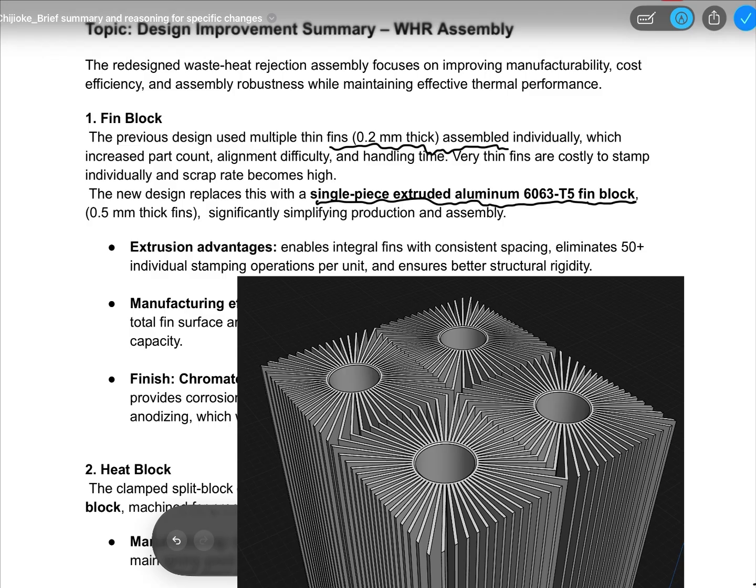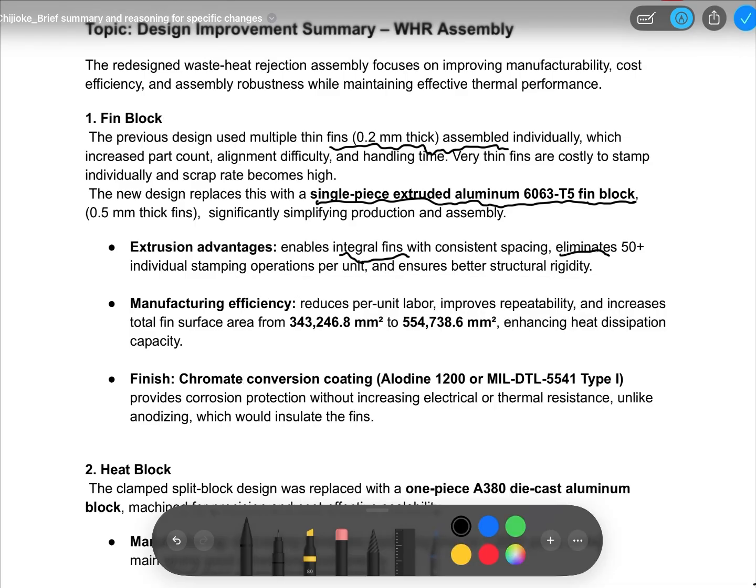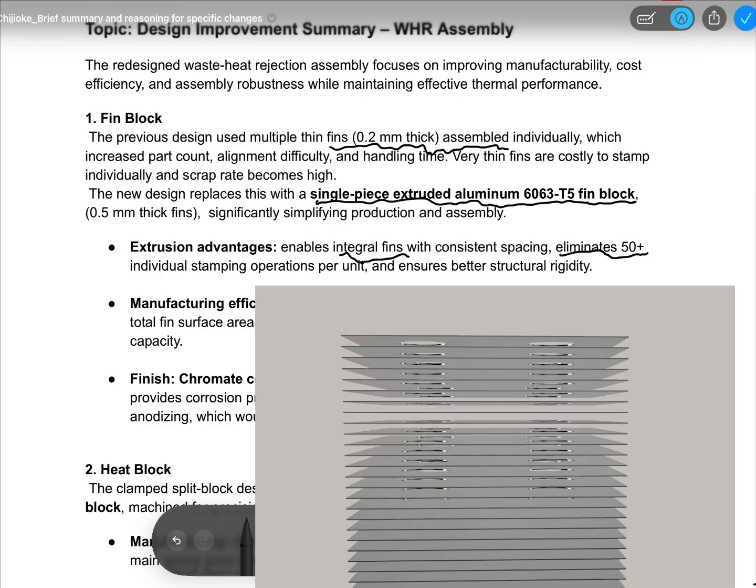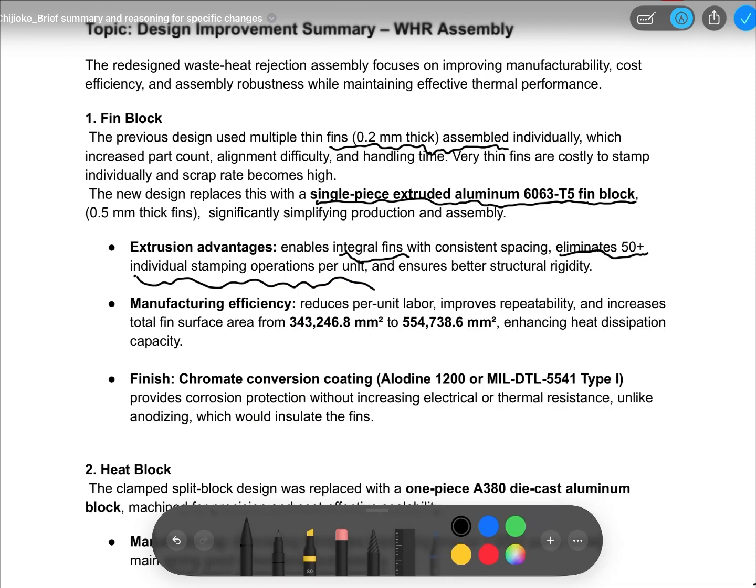The extrusion enables integral fins, like a continuum of contact, and eliminates the need for 50 plus individual stamping operations, 104 individual fins. And this was the thermal efficiency increase in terms of surface area: a 40% increase in surface area.